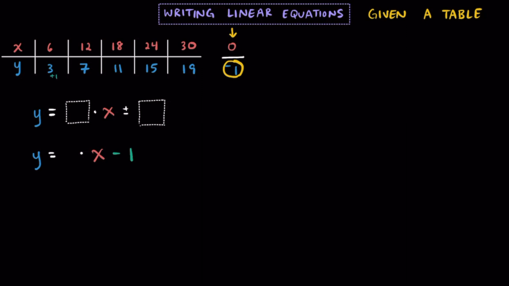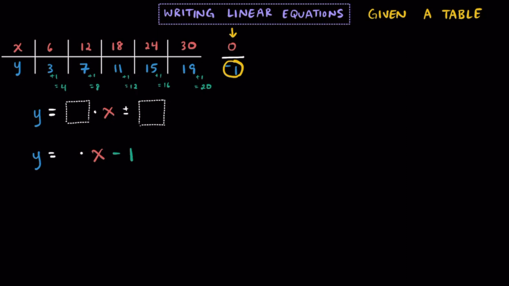So 3 plus 1 equals 4, 7 plus 1 equals 8, 11 plus 1 equals 12, 15 plus 1 equals 16, and 19 plus 1 equals 20. Remember, we're eventually going to need these numbers because we'll have to take away 1 to get each of those y values of 3, 7, 11, 15, and 19.